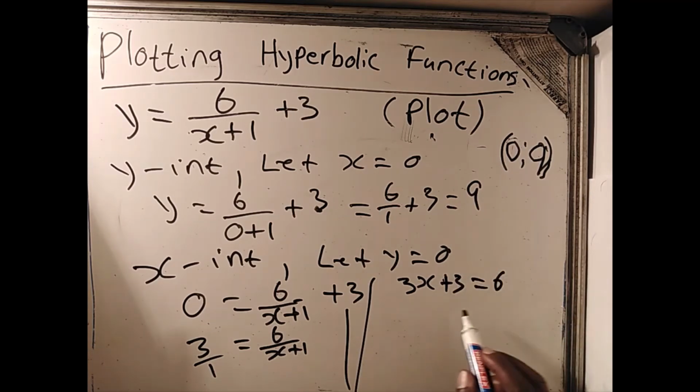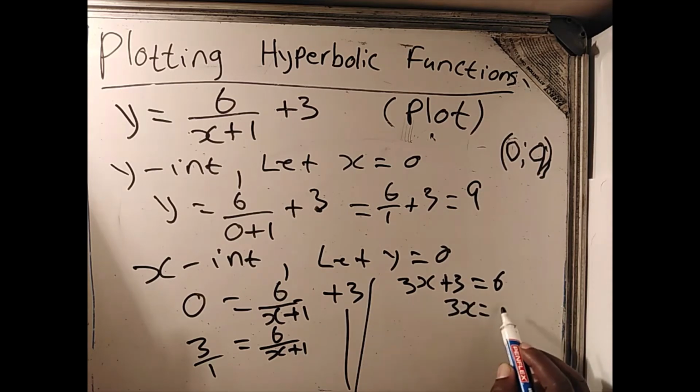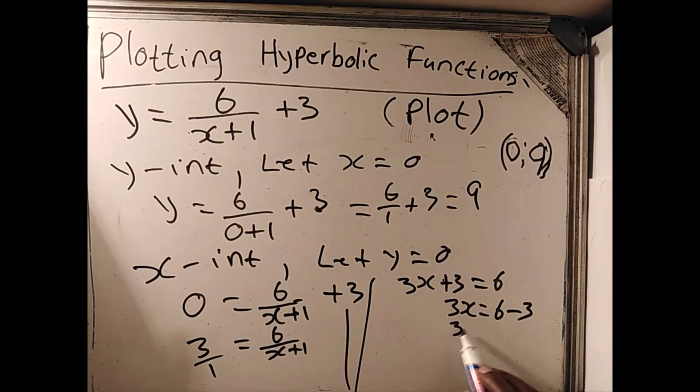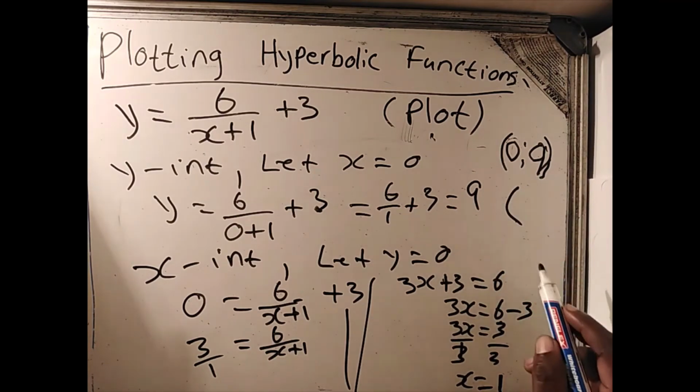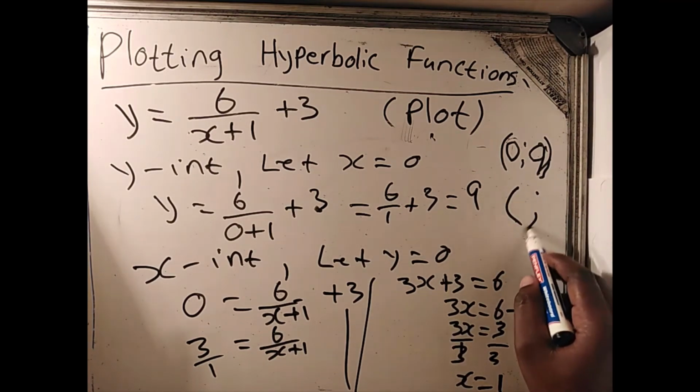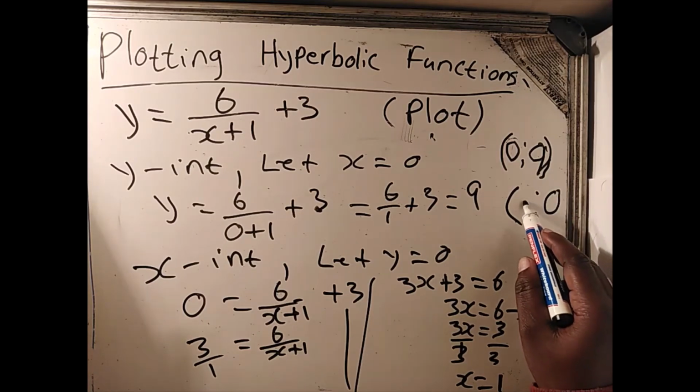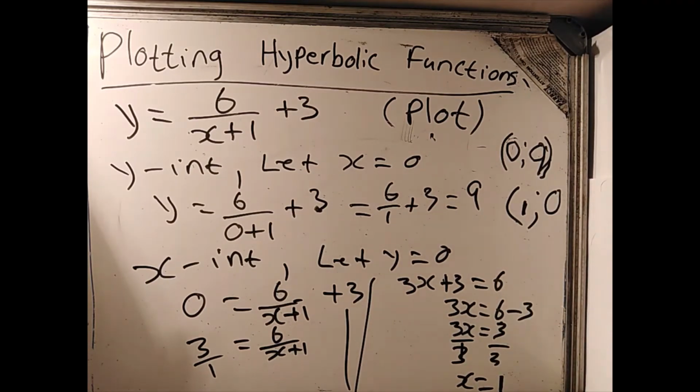Okay, take this to this side, you get 3x is equal to 6 minus 3, which is 3, and then you divide by 3 and you get x equal to 1. So the x-intercept here, y is 0, and then what about x? X is 1.